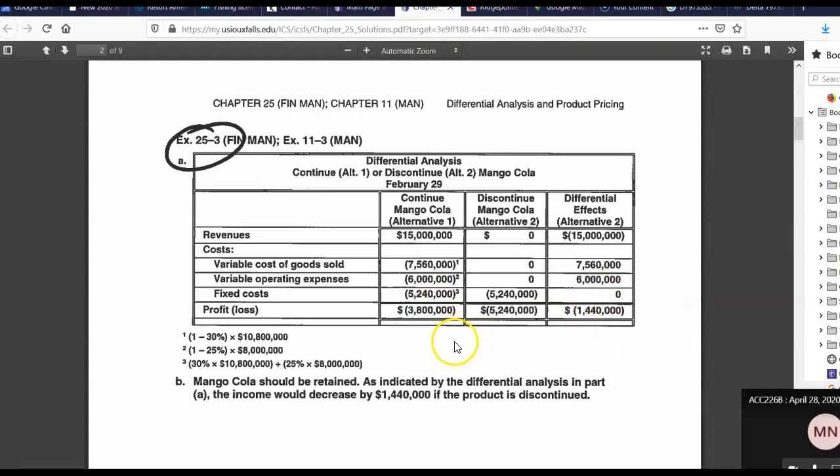So it does cover some of those costs, and by getting rid of it altogether, we're going to experience the full fixed cost as a loss. If we keep it, yeah, we're still losing, but we're not losing as much. And that's where companies make mistakes.